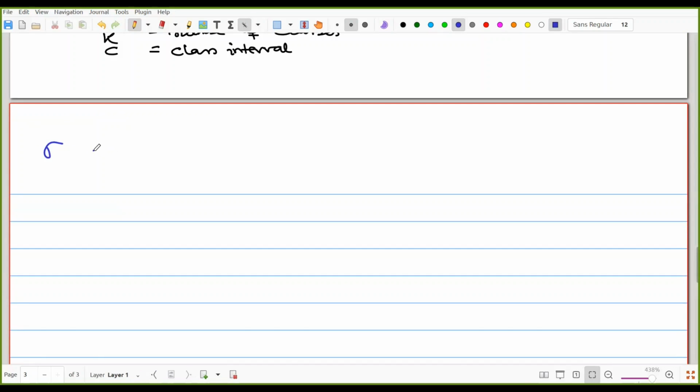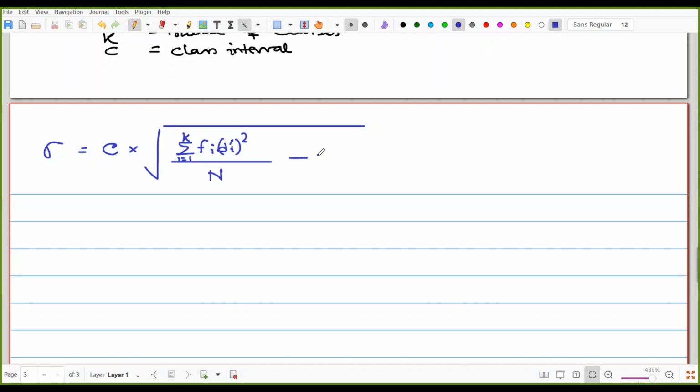We are writing sigma is equal to C into square root of summation of i is equal to 1 to K fi d dash i whole square divided by capital N minus whatever I am writing.